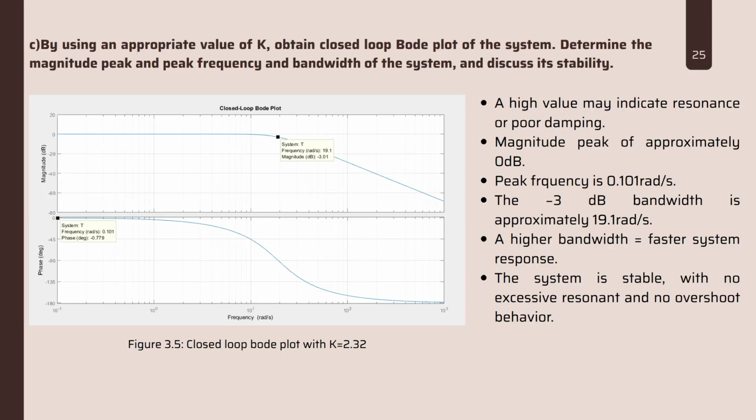For the bandwidth, at negative 3 dB it is approximately 19.1 radian per second, and a higher bandwidth means the system responds faster. So we know the system is stable with no excessive resonance and no overshoot. Next.